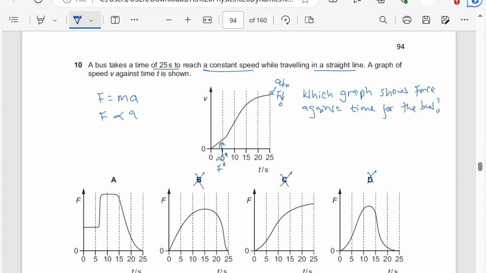Because it's a straight line, the acceleration is constant. Remember, the acceleration is equal to the gradient, and the acceleration is directly proportional to the resultant force. So when the gradient is constant, the force should also be constant. So our answer is going to be A.